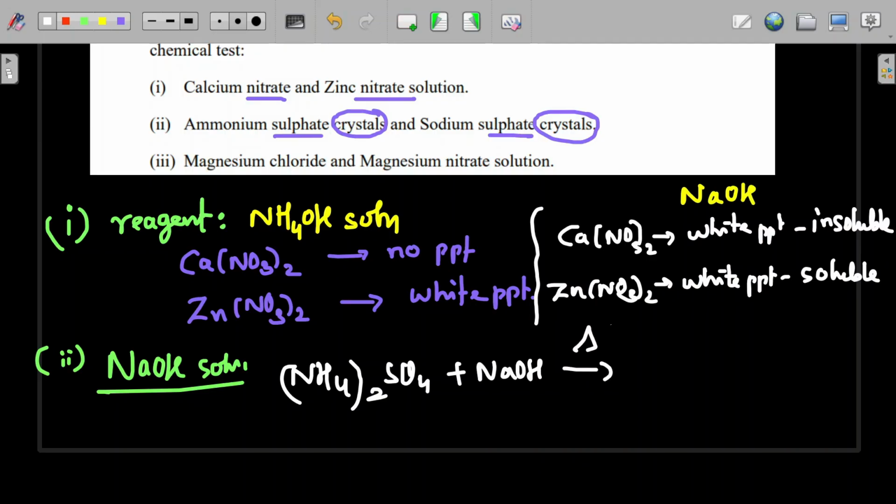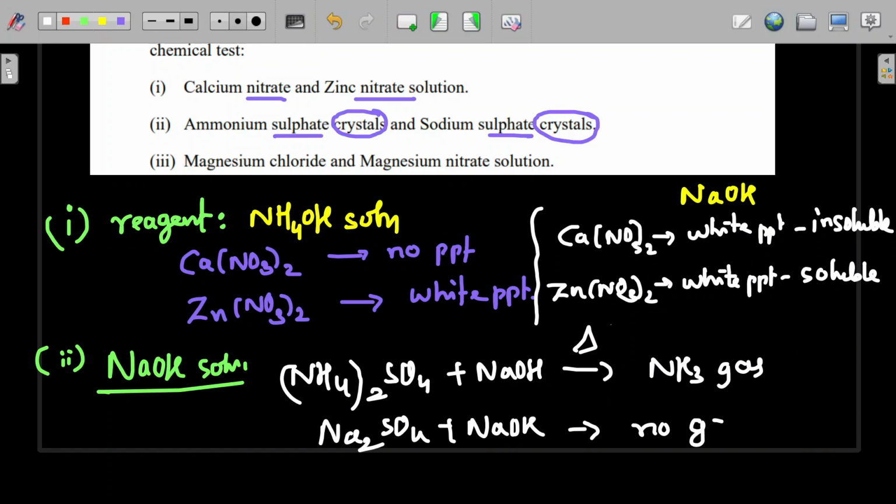Then you heat it, and what will we get here? Ammonia gas. Correct? We will write in this case a basic gas is released which turns moist red litmus blue. Whereas if you take Na2SO4, sodium sulfate plus NaOH, here you will simply write no gas released.